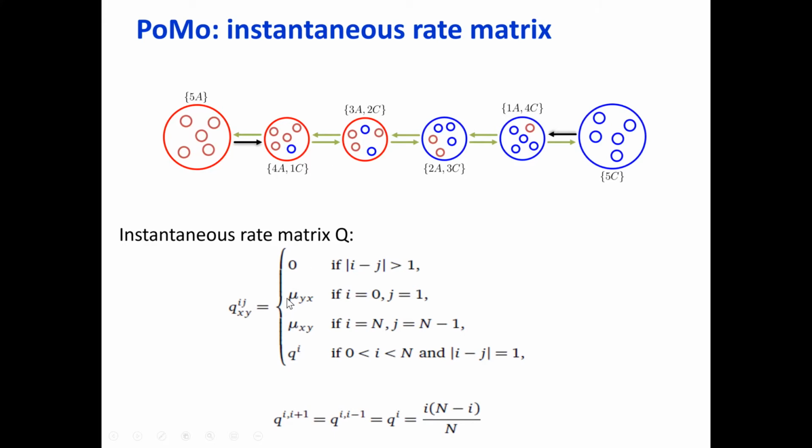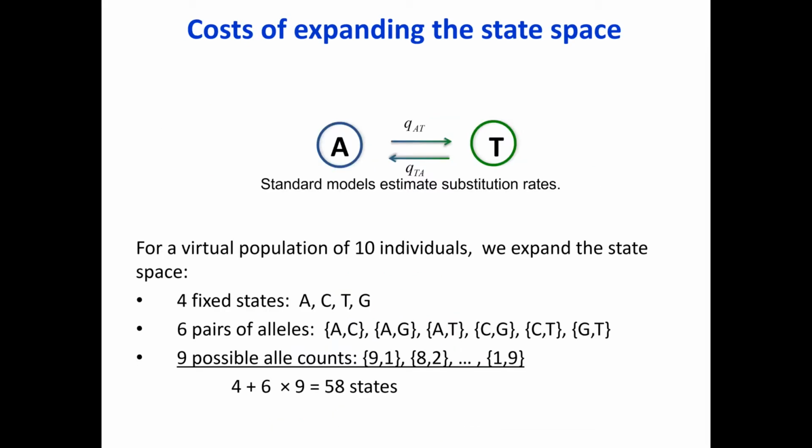At the boundaries, with a mutation model of your choice, you can introduce a mutation. And between the polymorphic states, once the mutation is introduced, we can move with a Moran model that is symmetric. The good news really is once you have an instantaneous rate matrix, you can do phylogeny.